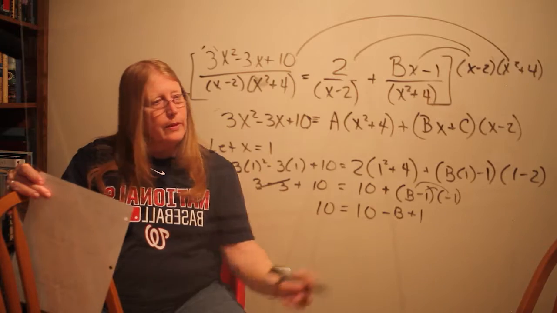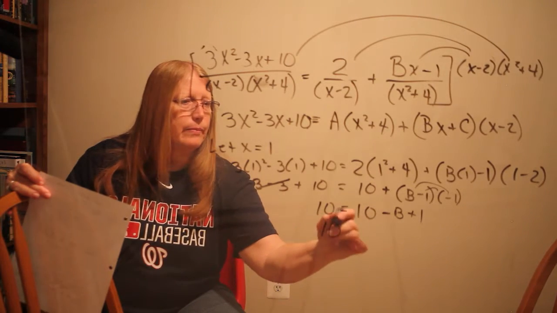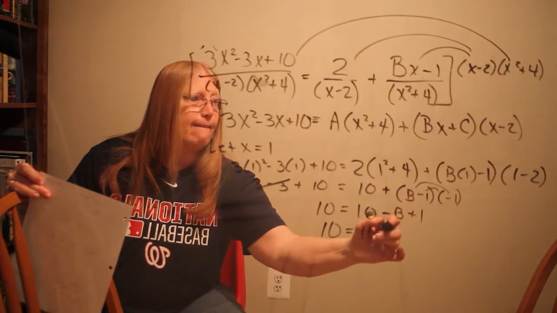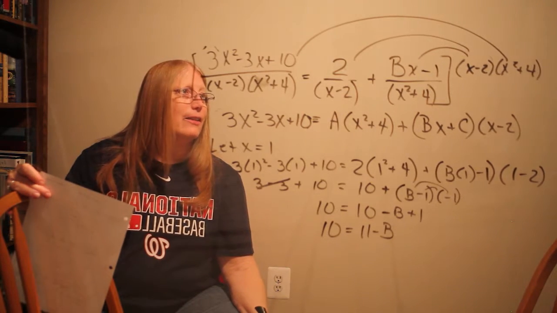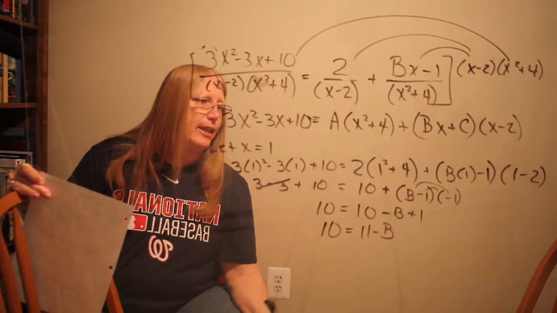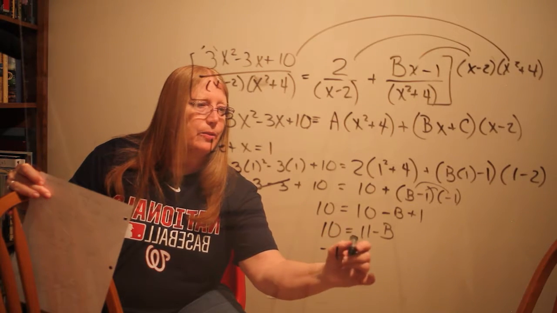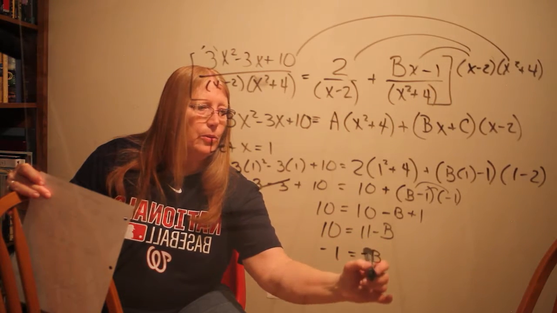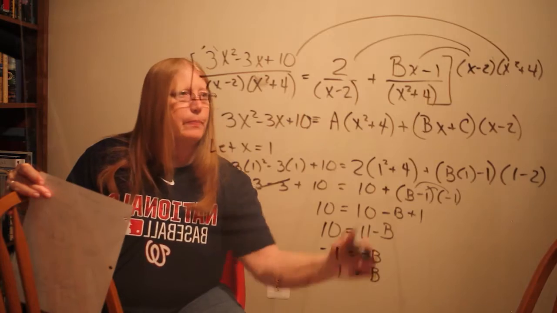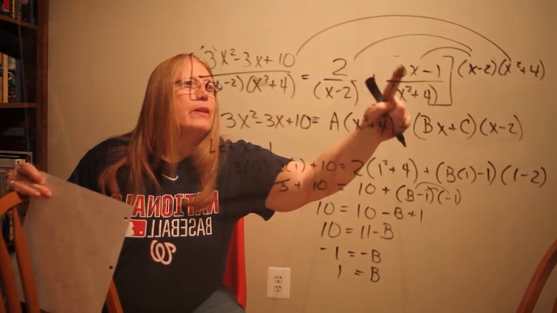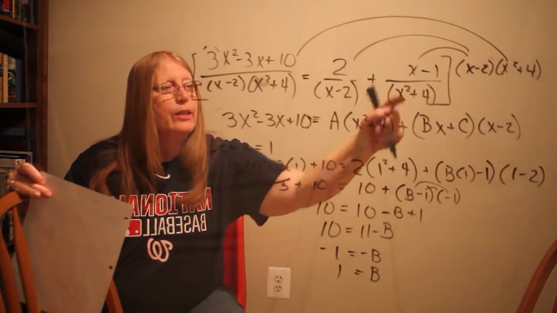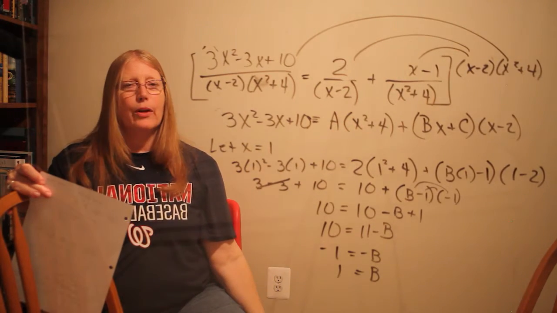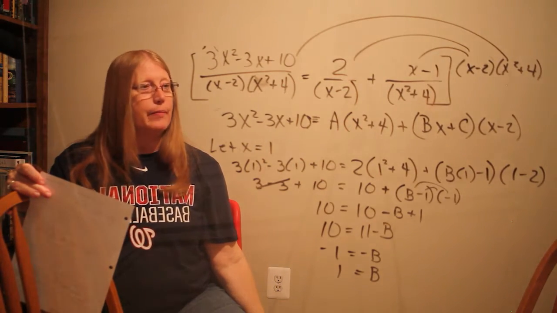We move 10 plus 1 is 11. Now we move the 11 over, we get minus 1 equals minus b, or b equals 1. So I go up here and I would rewrite in a 1. I could do that, but 1x reduces to x, so we don't really have to write it in.